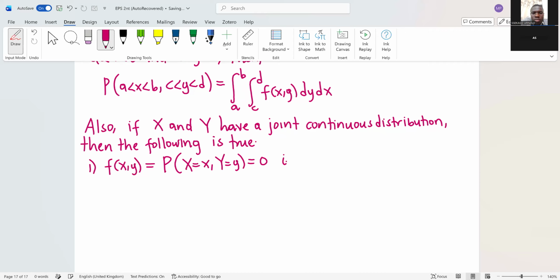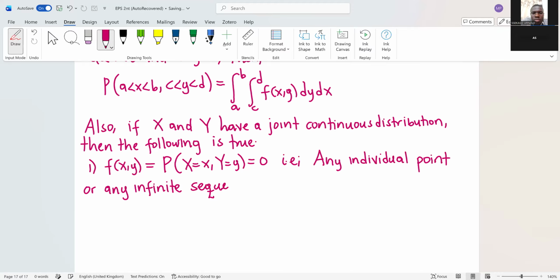This is the same as saying that any individual point, or any infinite sequence of points in the xy plane, has probability 0.